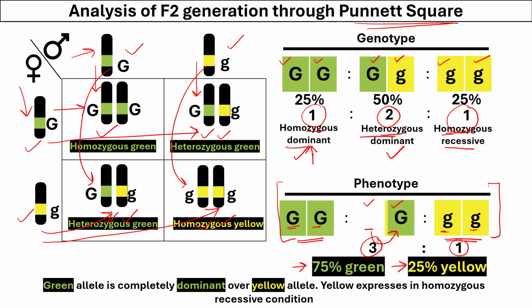So we have established that the green allele is completely dominant over the yellow allele, and yellow expresses in homozygous condition only. When there is no capital G, you will get a yellow color because there is nothing to overshadow this character.